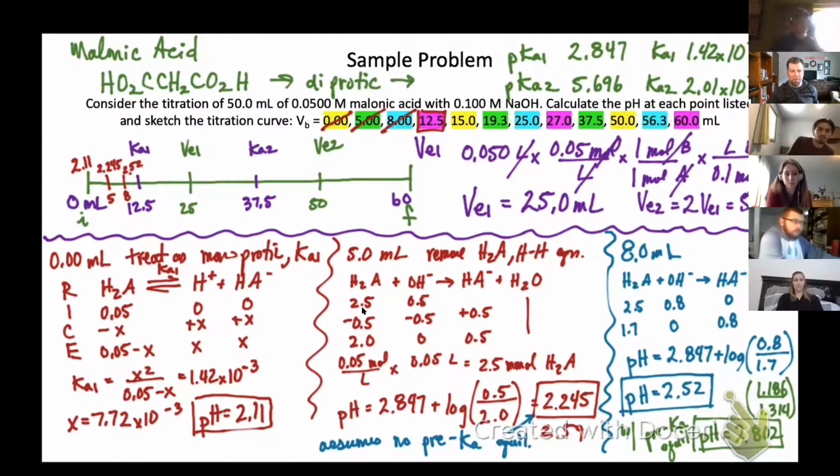This value assumes that all of the initial 50 milliliters of malonic acid is still in the form H2A, but it's solubilized, so it's aqueous, right? In the previous step, we showed that a portion of that, 1.4 times 10 to the minus 3 molar, actually is consumed or neutralized and forms this HA minus. So to account for that pre-equilibrium, we subtract this number of millimoles, once we've converted it to millimoles from concentration, from this 2.5.